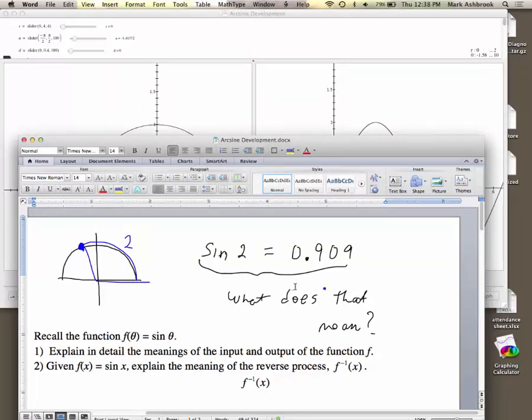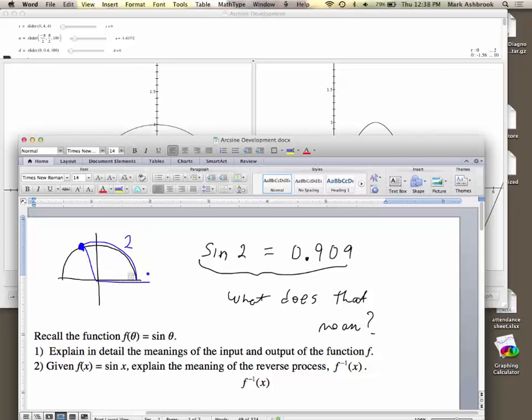Okay, it's a fraction of the radius, but why specifically 0.909, Angelica? 0.25 is a fraction of the radius too. So why 0.909? Adam? Because that's how many radius lengths it is above the horizontal diameter.